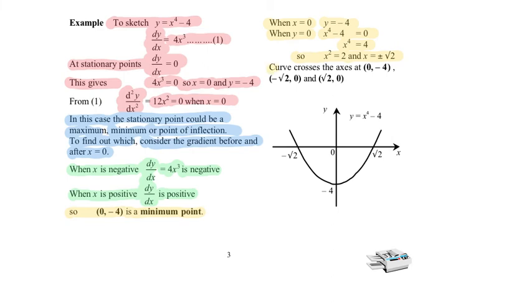So the curve crosses the y-axis at (0, minus 4) and crosses the x-axis at (minus root 2, 0) and (root 2, 0). We now have all the information we require to draw the graph of y equals x to the power of 4 minus 4.